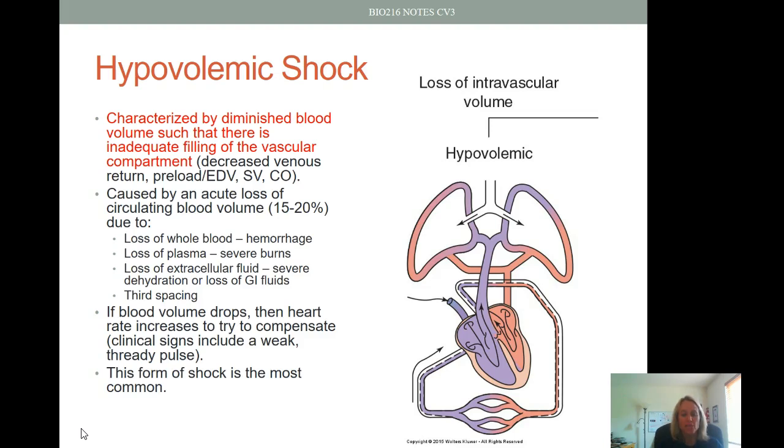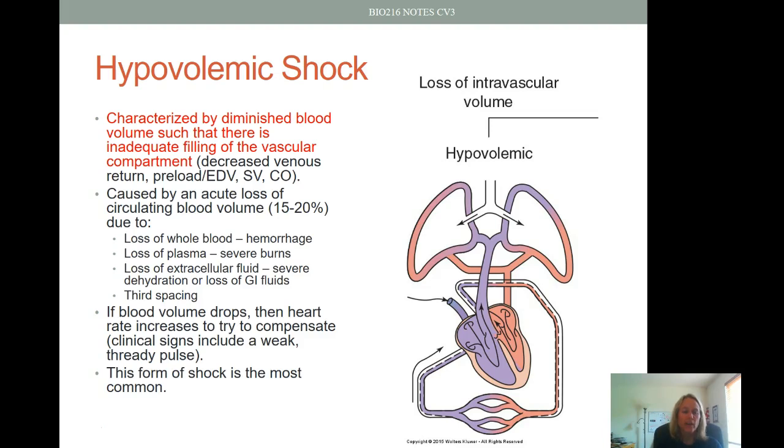So if we have not enough blood volume, illustrated by this dashed line, then we're going to have a decreased venous return back to the heart. If we have a decreased venous return, we're going to have a decreased preload, a decrease in diastolic volume, a decreased stroke volume, a decreased cardiac output, and thus a decreased mean arterial blood pressure.